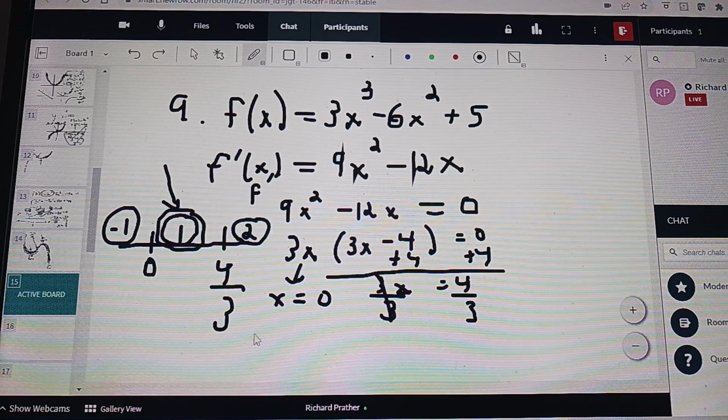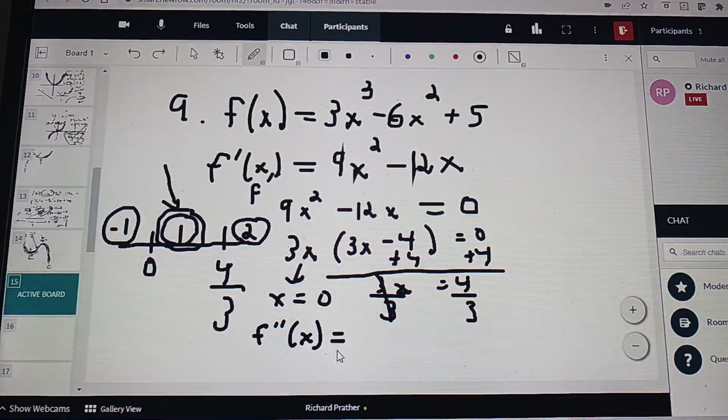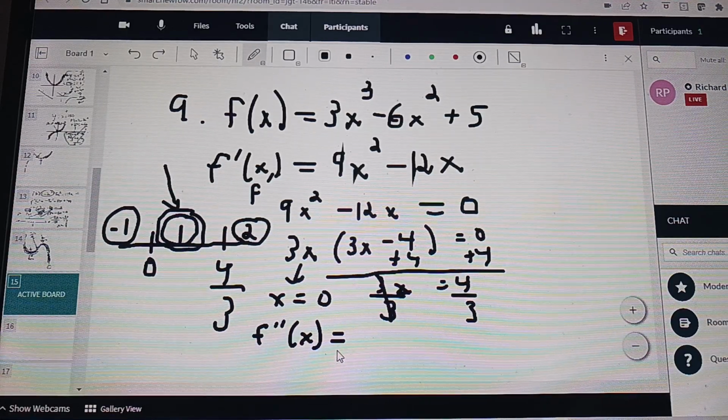The other option is if the second derivative is easy to do, which here it's very easy to do. If the second derivative is easy to do, it's often less work to check for maxes and mins from it, even though the second derivative is usually used to check for concavity. So if you do 9 times 2, 18x, and then minus 12, there's a completely separate idea here.